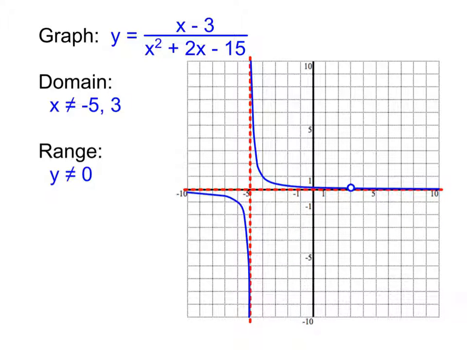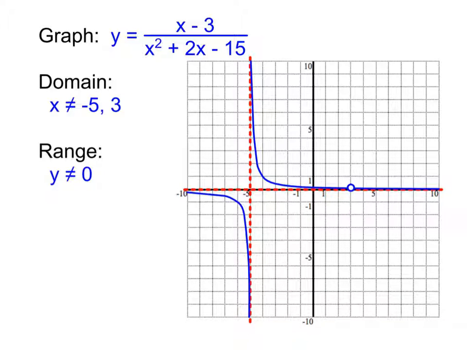Because if I look all the way across at that hole, which is just a little bit above my asymptote, but if I look straight across that line that goes through the hole, it never hits the graph anywhere else. So there's some value there that also is not going to be part of our range. And we need to know what that is.